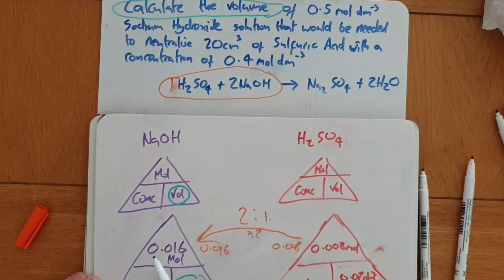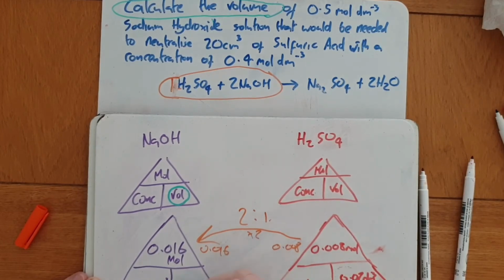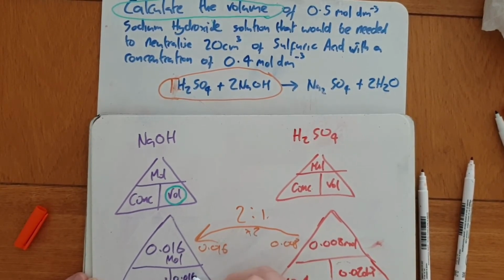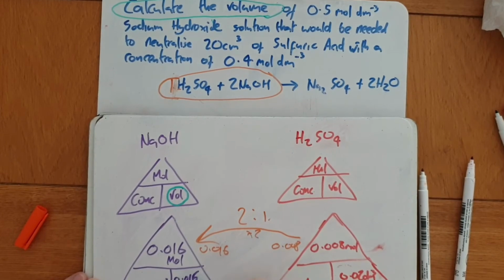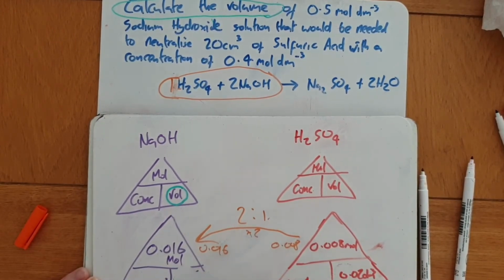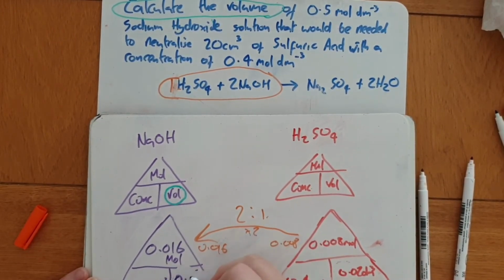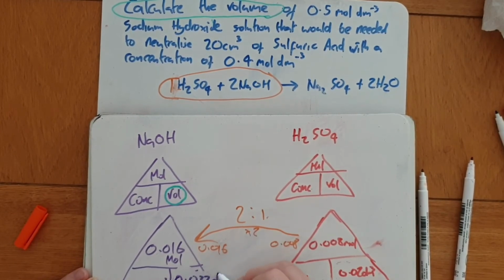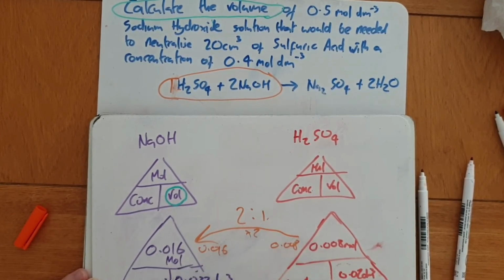And we know the concentration, so we can do 0.016 divided by 0.5, and that gives us the volume. So 0.016 divided by 0.5 equals 0.032 decimeters cubed.